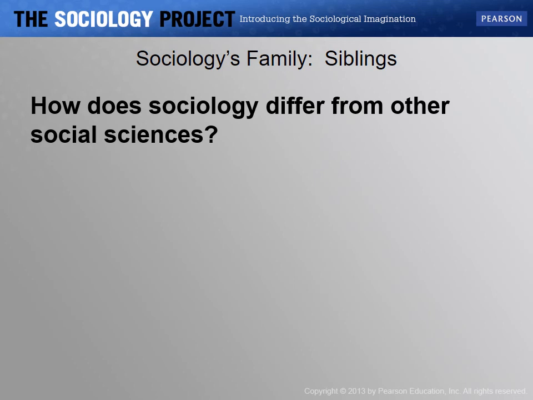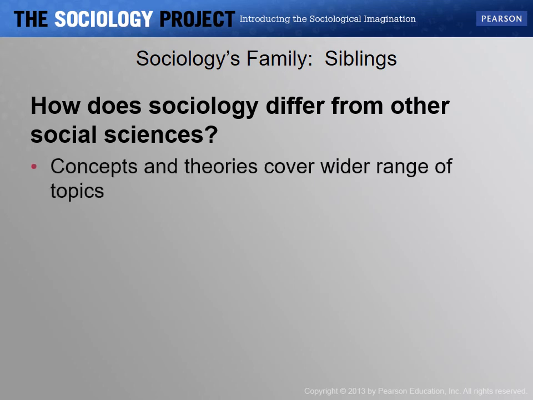How does sociology differ from other social sciences? Well, in some ways, it's because it covers a wider range of topics. You might think that medicine, for example, is pretty remotely removed from sociology, but in fact, it's not. There's an entire branch of medicine or sociology called medical sociology.